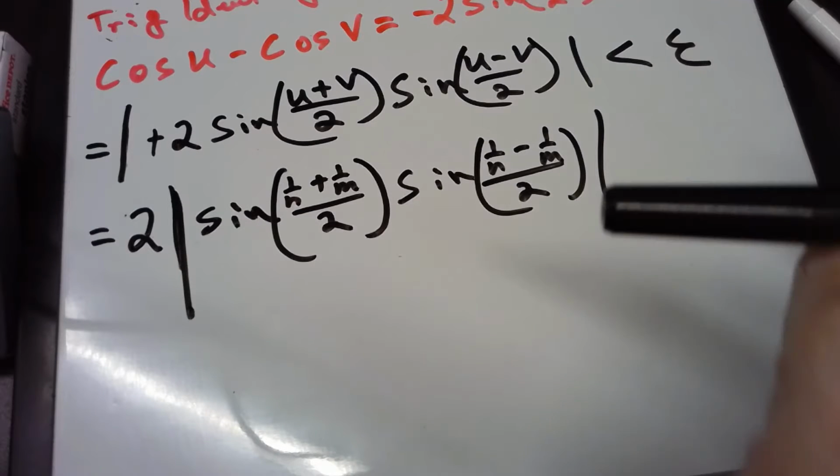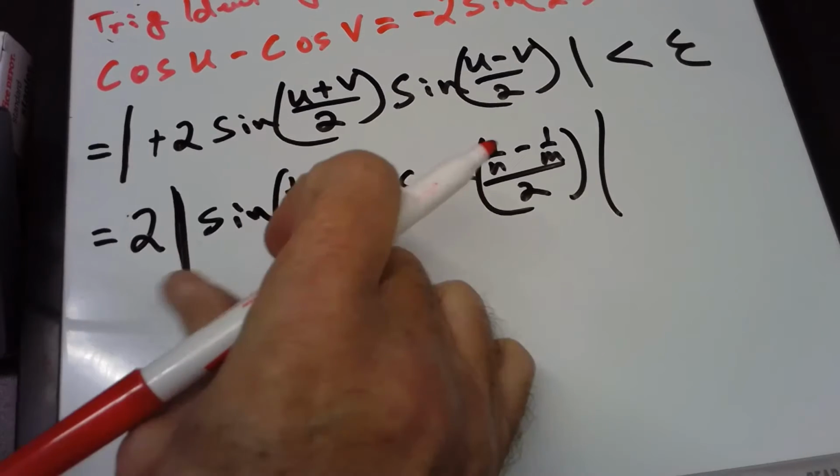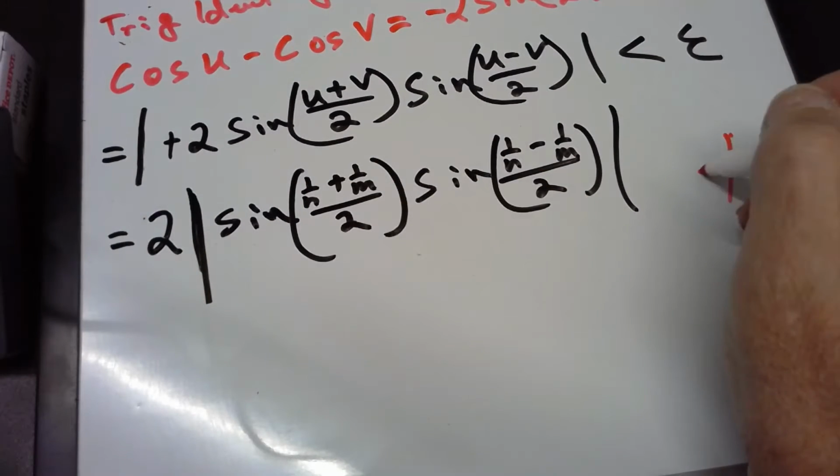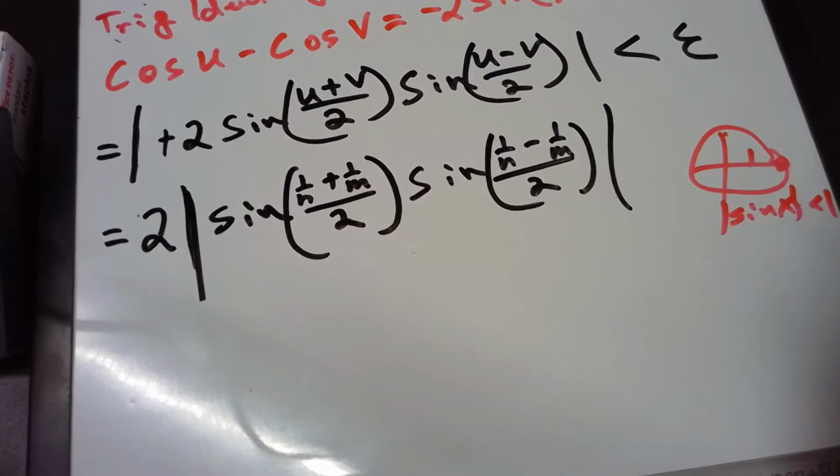Okay, so let's analyze this further. If we're looking at the unit circle, where this is 1, we know that the absolute value of sine x is less than 1.